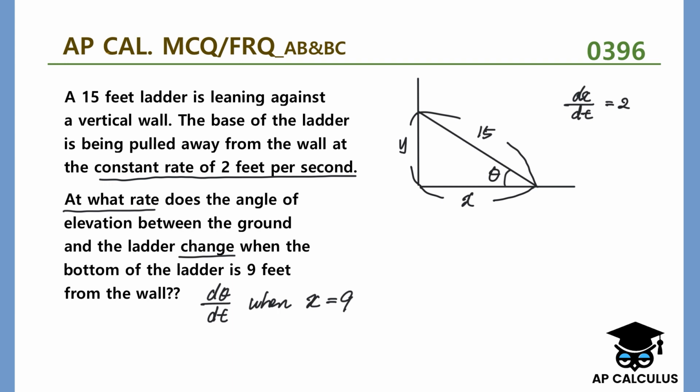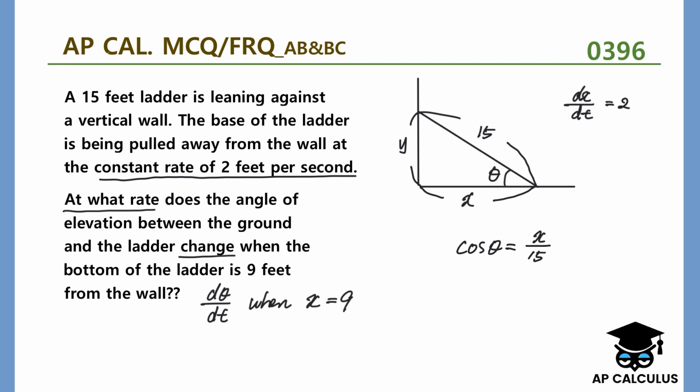We want to include theta, of course, and x, since dx over dt is given. So we're going to use cosine. Cosine is adjacent over hypotenuse, right? So let's write cosine theta is equal to adjacent over hypotenuse. So far so good?